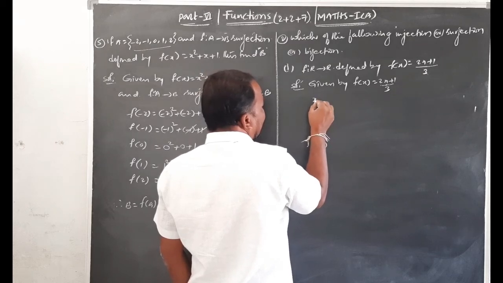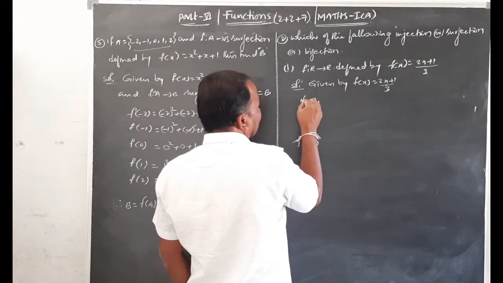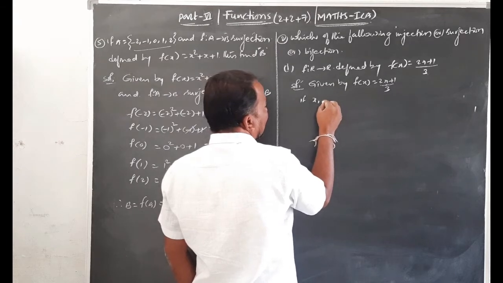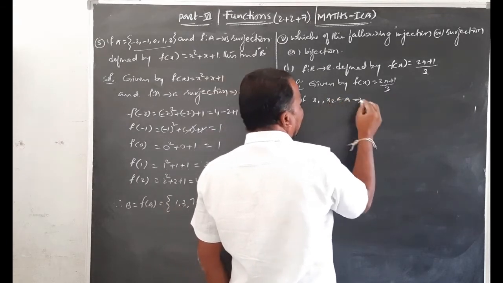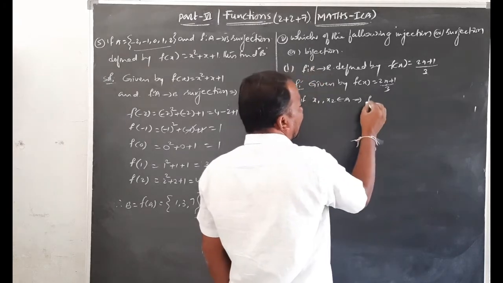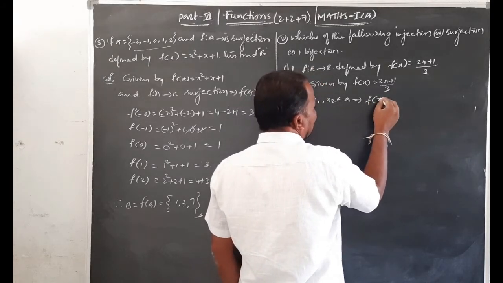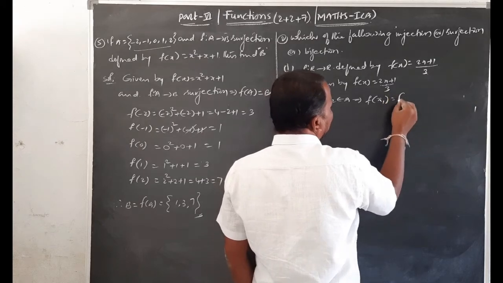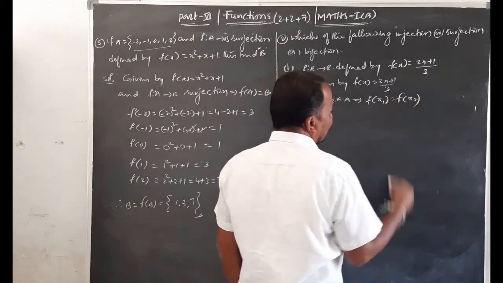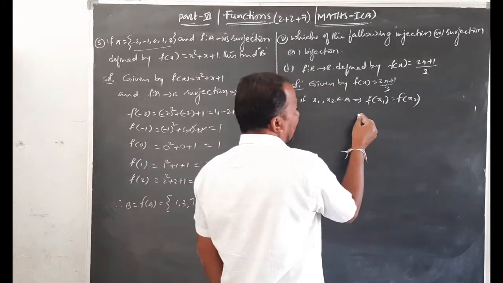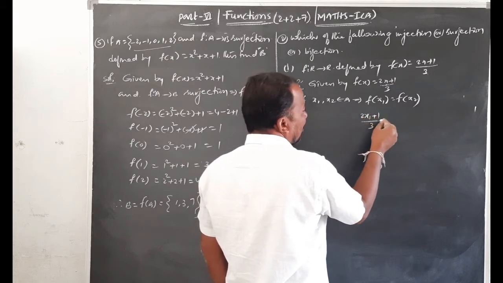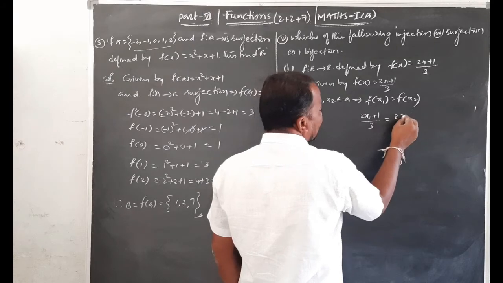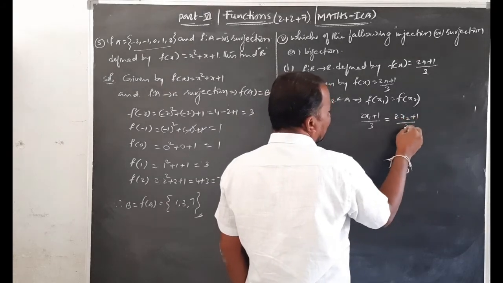If x1, x2 belong to A and f of x1 equals f of x2, then 2x1 plus 1 by 3 equals 2x2 plus 1 by 3.